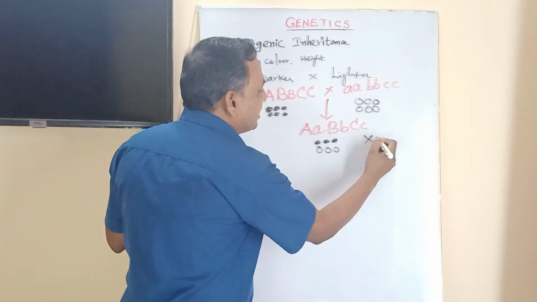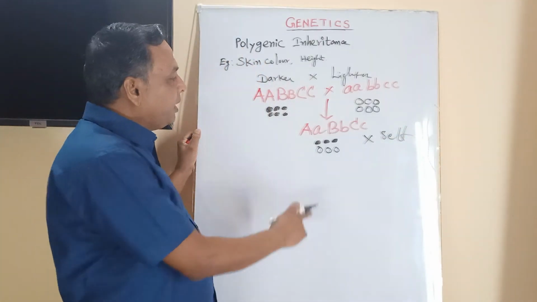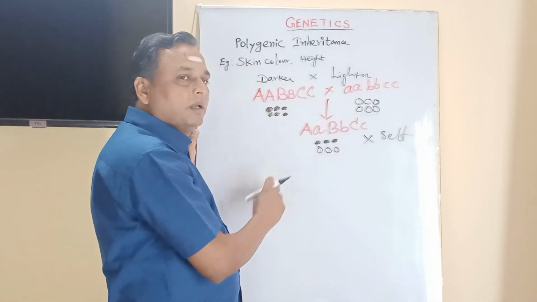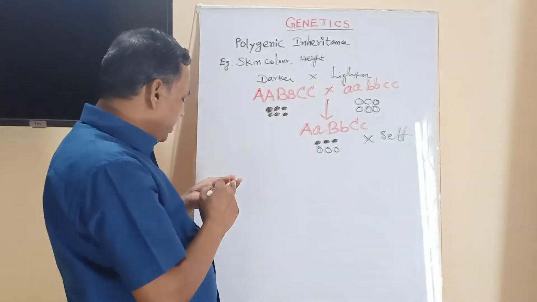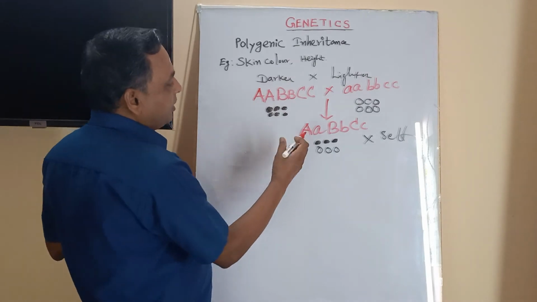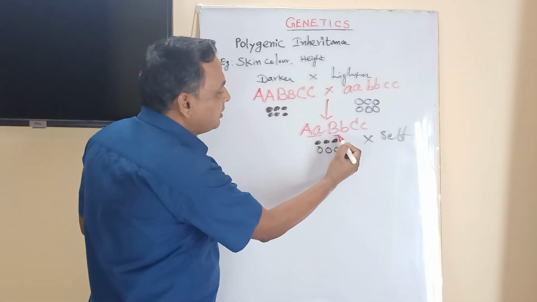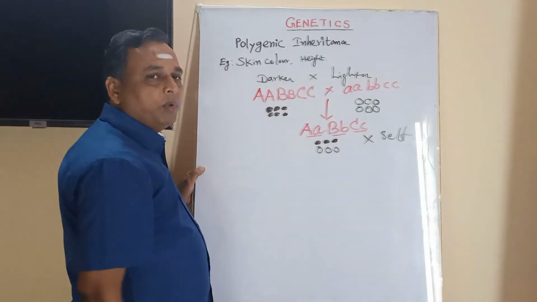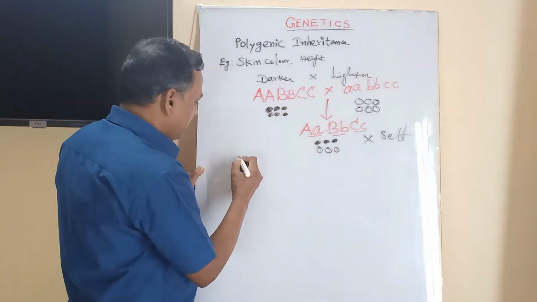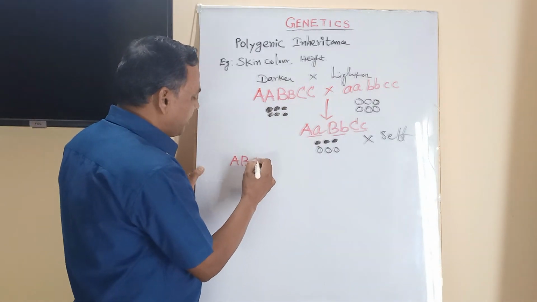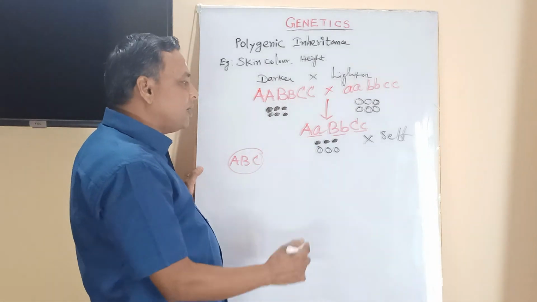Suppose you are doing self-crossing. What will happen? How many gametes will you get here? 8 gametes. See that? How will the gamete formation be? These two together are one pair, this is one pair, this is one pair. How are we going to make it? One gamete will be capital A, capital B, capital C. What is another chance?